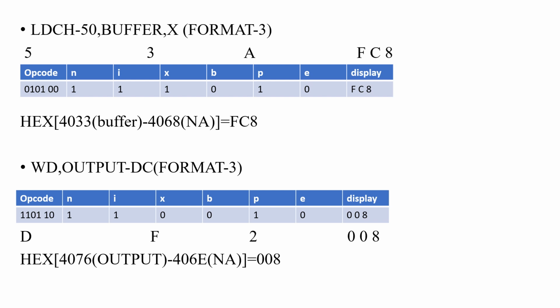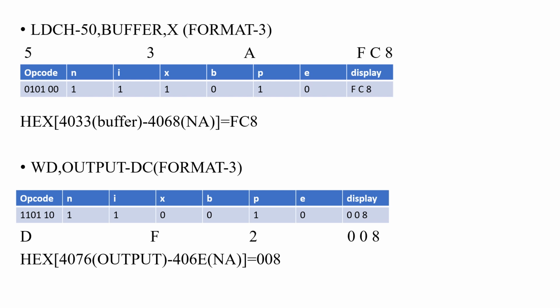Again B is 0. The program counter is 1, because the displacement address is obtained by subtracting the value of buffer and the next address, so here the program counter value is 1. Again dividing this address into 4 bits, we'll get 53AFC8 as the object code for LDCH buffer X.